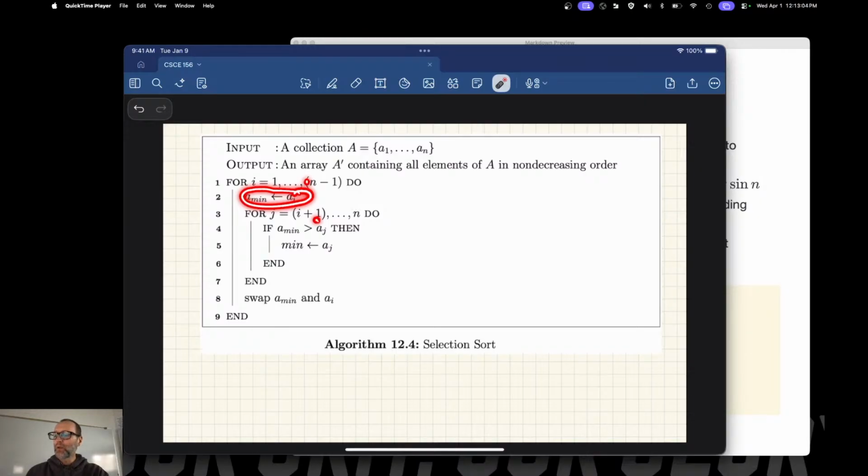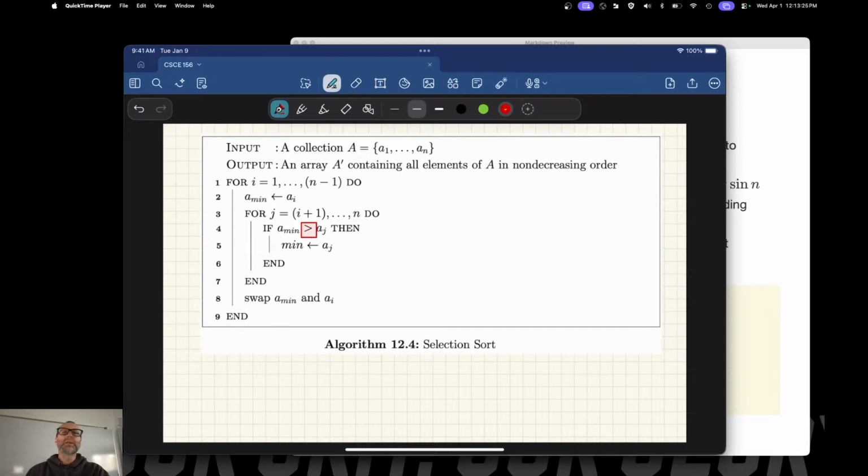I'm doing a loop within a loop. I probably want to pay attention to whatever's going on inside of that. Right? So I've got a comparison and I've got an assignment. A comparison is done every single time. An assignment is only done occasionally. So which one am I going to pay attention to? The comparison on line 4.